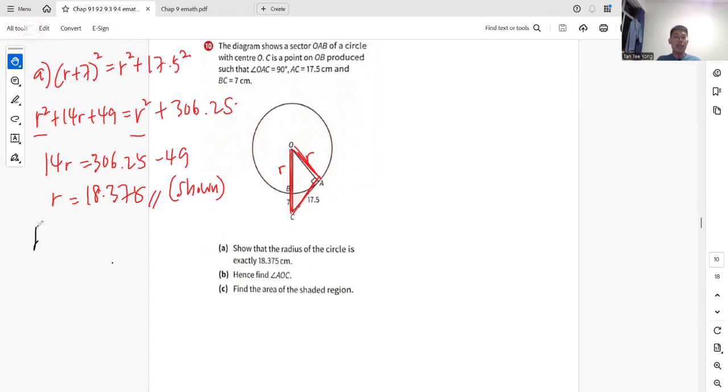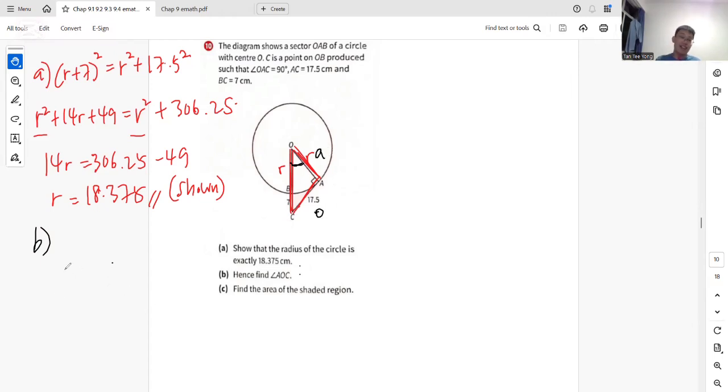Now let's find part B. Angle AOC, so they want this angle over here. Very simple. We can use trigonometry, because this whole triangle OAC is a right angle triangle. We want to find this angle, so this will be the opposite and this will be the adjacent.